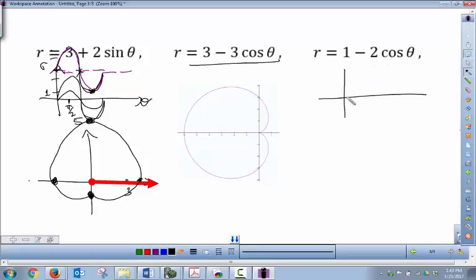So 2 cosine, you got the cosine function looking like this. 2 cosine would make it go up by amplitude. And then the negative in front of it would make it go upside down. And then you add 1 to it, so you move it up 1.